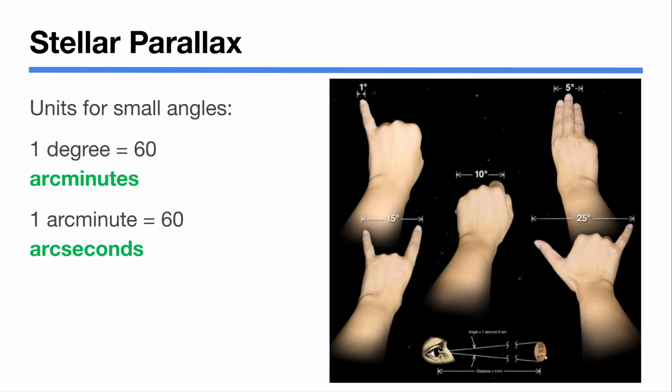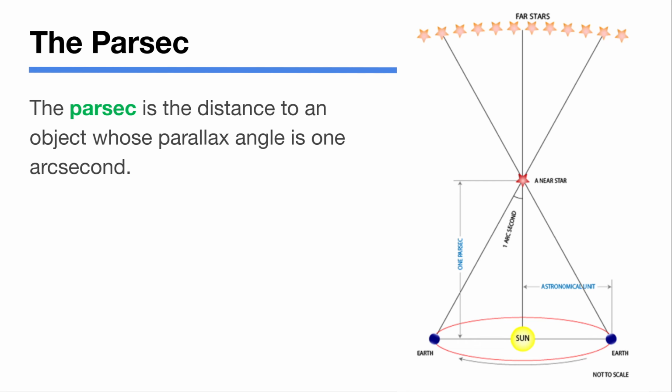Okay, so this brings us to a version of the parallax equation that's a pretty easy way to use it. One thing baked into that equation is a different unit called a parsec. And despite Han Solo's phrasing, a parsec is a unit of distance.